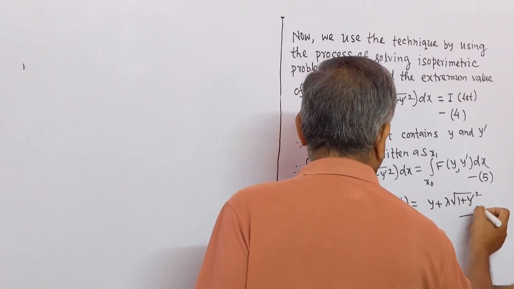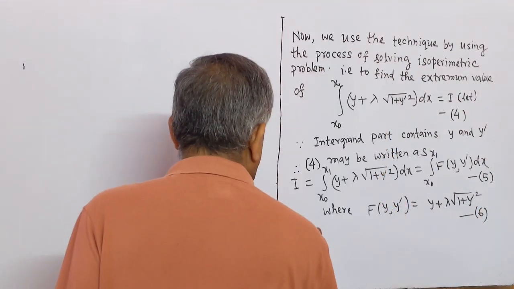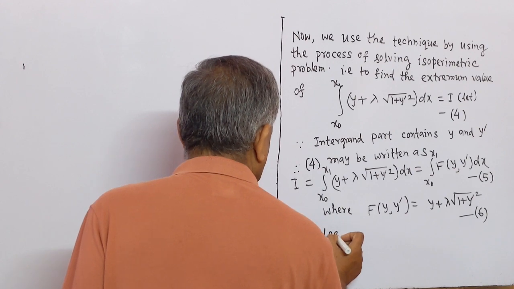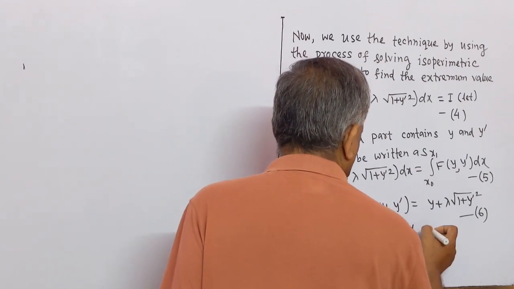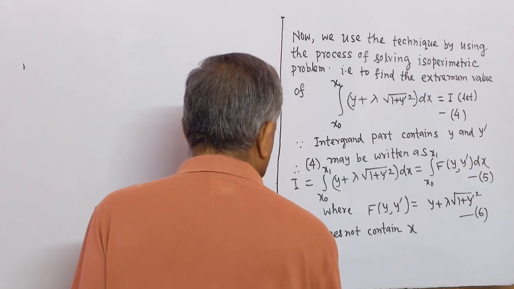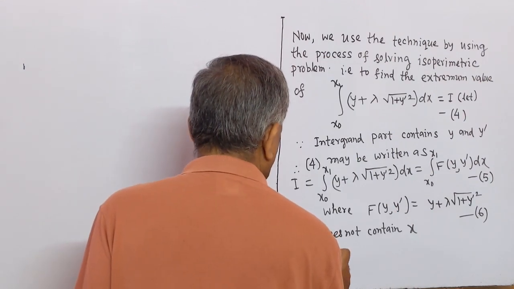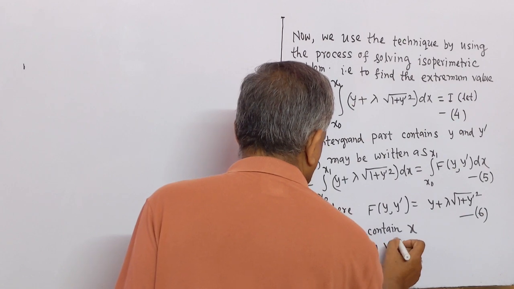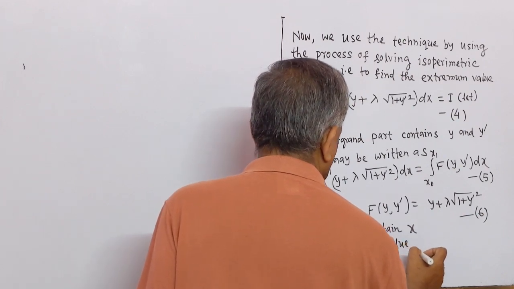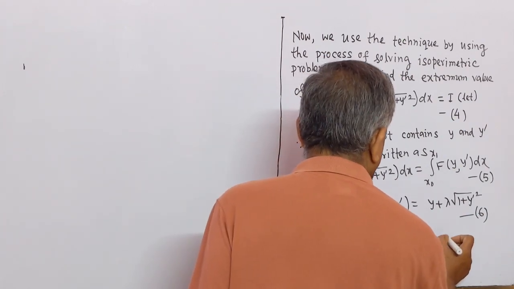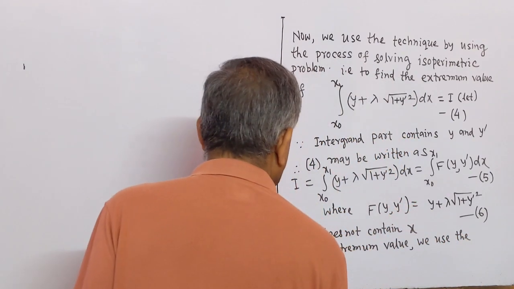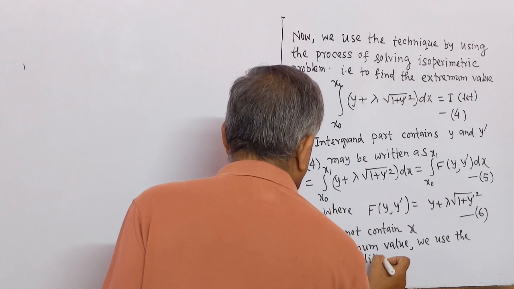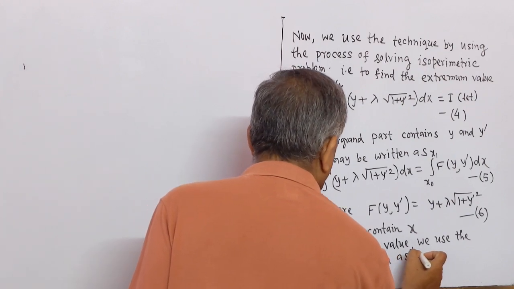This is number 6. Since f does not contain x, therefore for extremum value we use the Euler's condition as follow.